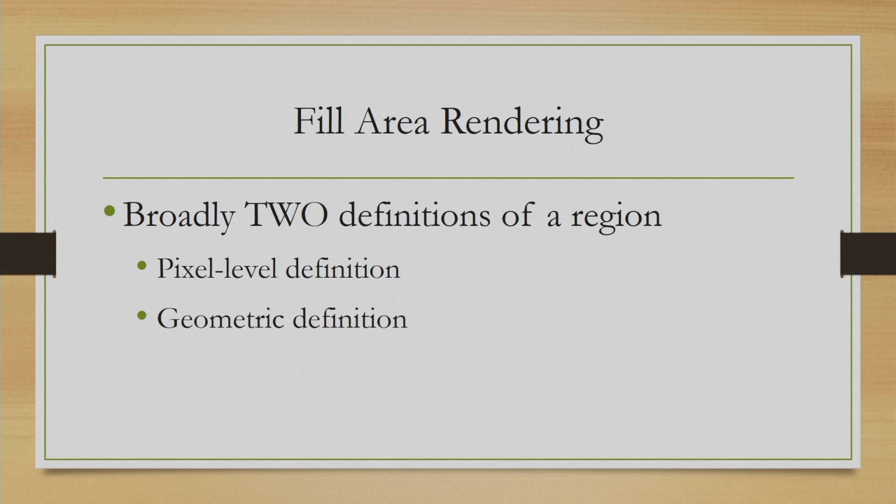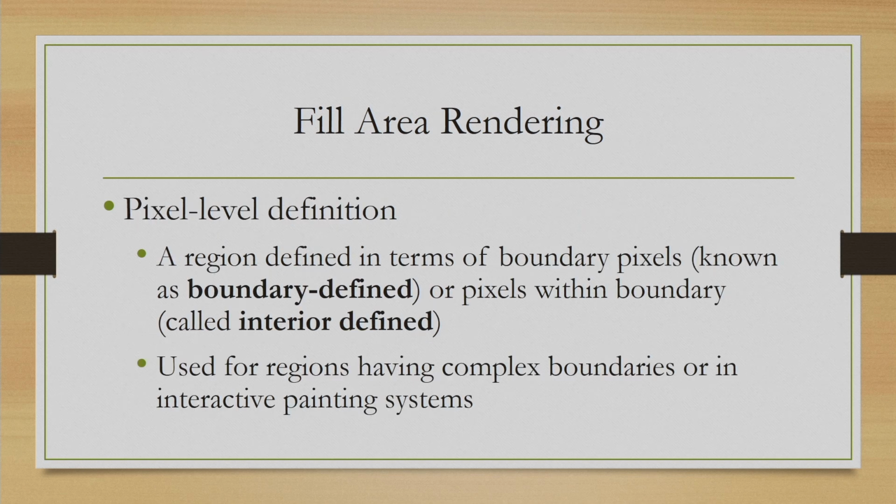Broadly, there are two definitions of a region. One is pixel level definition, one is geometric definition. In case of a pixel level definition, we define a region in terms of pixels. That means we may define the region in terms of boundary pixels, or we may define the region in terms of pixels within a boundary.